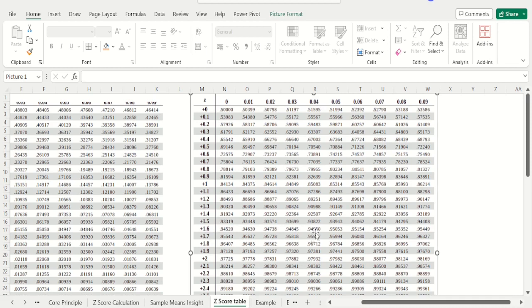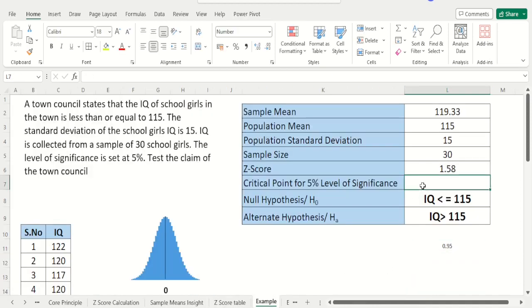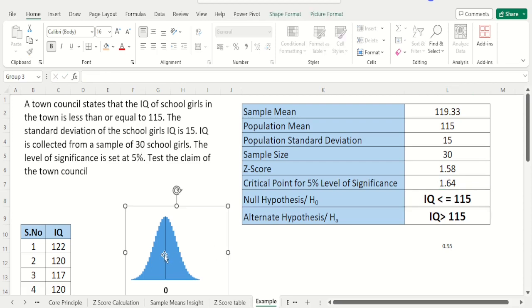They intersect at 0.94950, which is the closest point to 95%. This 0.94950 is closest to 0.95, right? So this gives us a z-score of 1.64. So you could calculate it like this, and you could say that your critical point for 5% level of significance is 1.64, right?